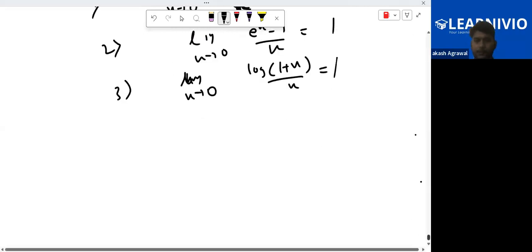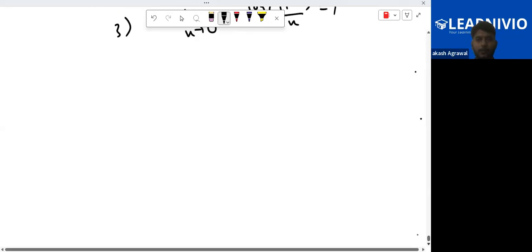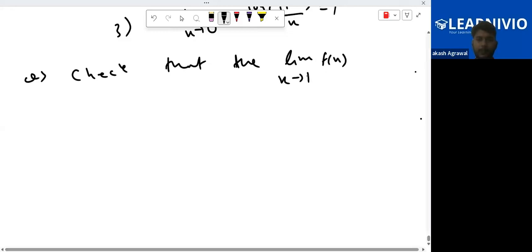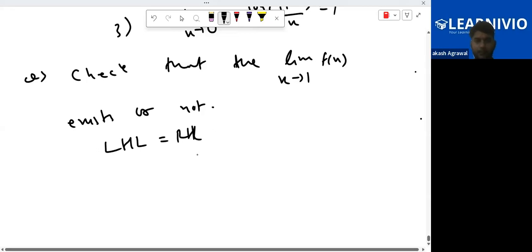Now let's do a few questions about how to solve questions of limits. Check that the limit x tending 1 f of x exists or not. Now, how do we know when limit exists? If LHL equals to RHL, limit exists. Okay, LHL is left hand limit.